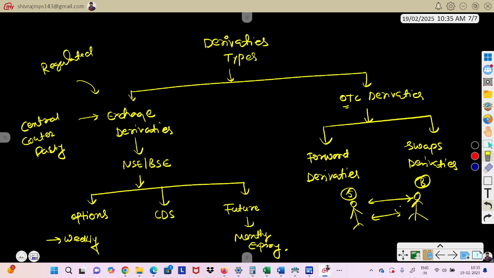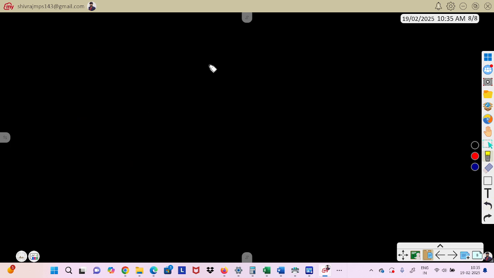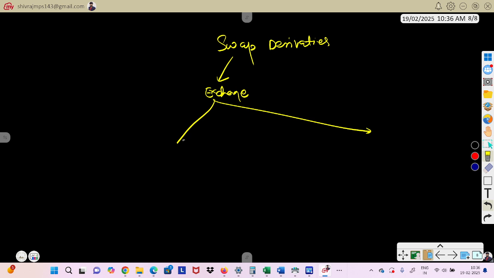Now if I talk about swap derivatives, the meaning of swap is exchange, right? But in the finance or investment world, what can we exchange?